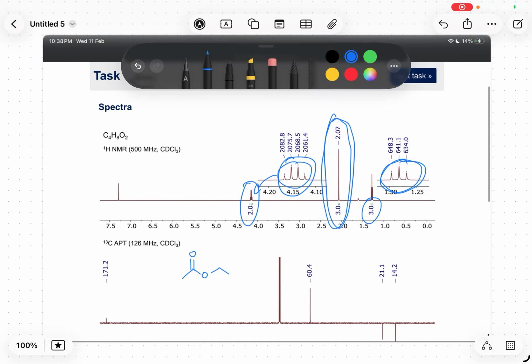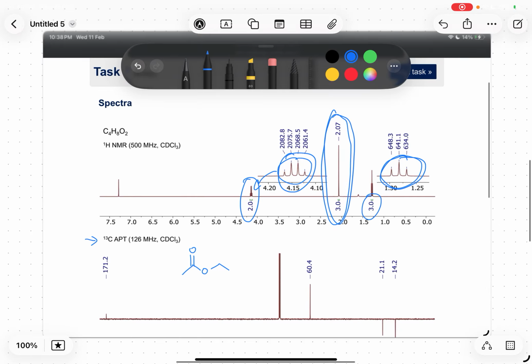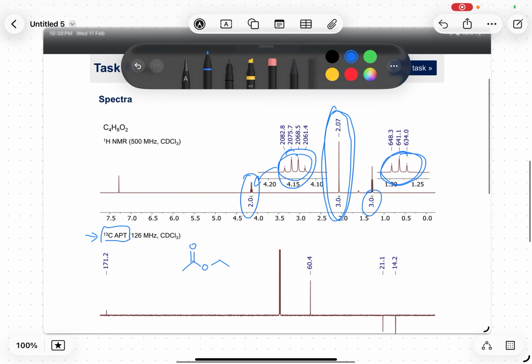And let's now briefly look at the 13C NMR. So I mentioned that the 13C APT is quite useful because it tells us whether there are an odd or even number of protons attached to a particular carbon. So 13C NMRs are usually proton decoupled.